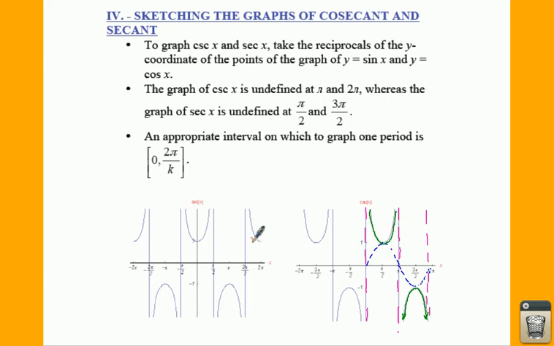The secant's a little more confusing because it is undefined at these points, at pi over 2 and at 3 pi over 2. So when you look at the asymptotes for your secant, here at pi over 2 you have an asymptote, and then you have another one at 3 pi over 2. One interval looks a little bit like the cosecant, but it's shifted.